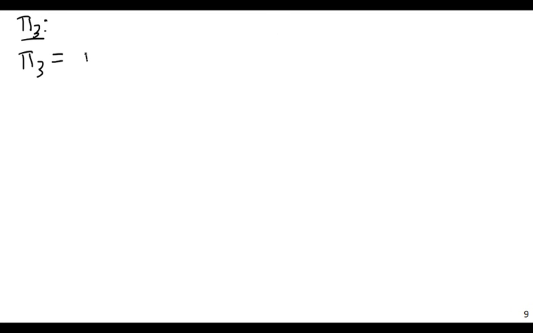Pi 3 is equal to d to the x3 times v to the y3 times rho to the z3 times l.